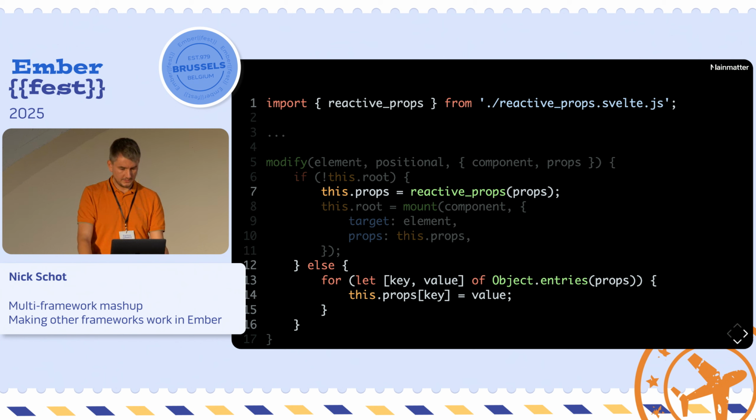So we can then import that function into our modifier, wrap our props, and yeah, we can do that only once, because otherwise we lose the reference to the $state instance. So when arguments are updated through the modifier, we'll need to manually update the props $state rune with the new arguments. So I wrote a little else section in the code here, which does exactly that.